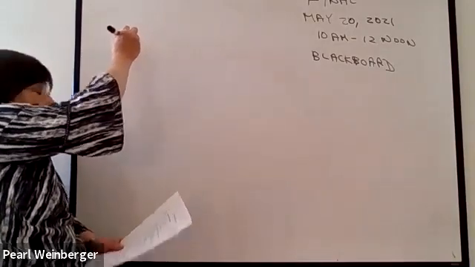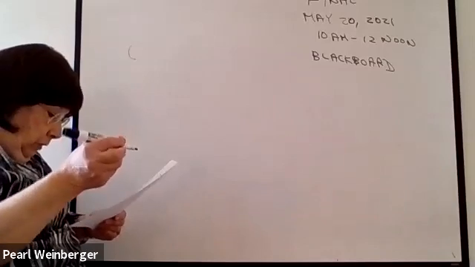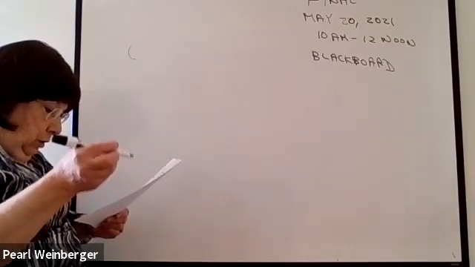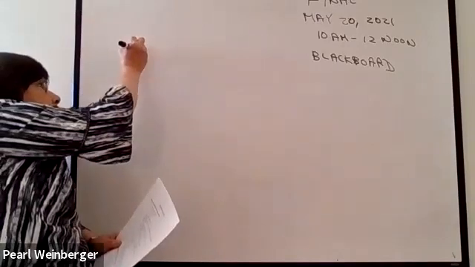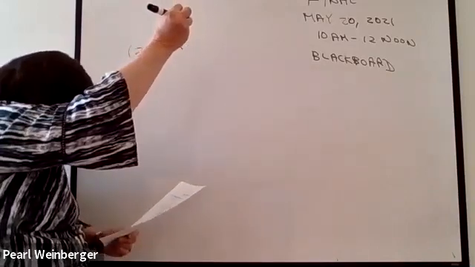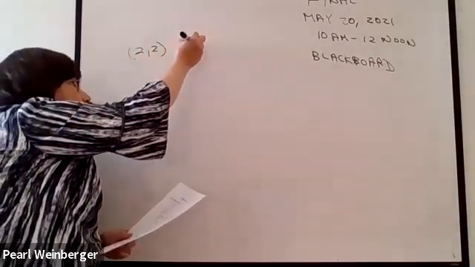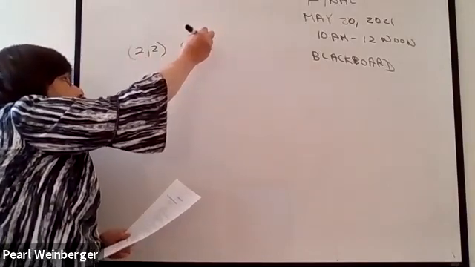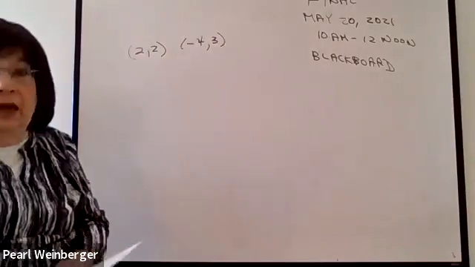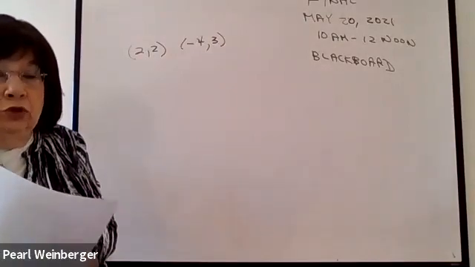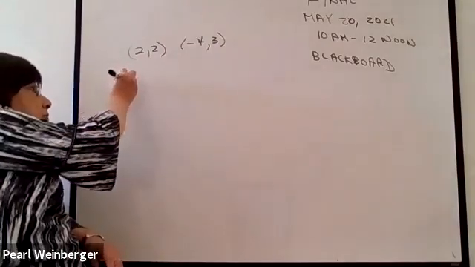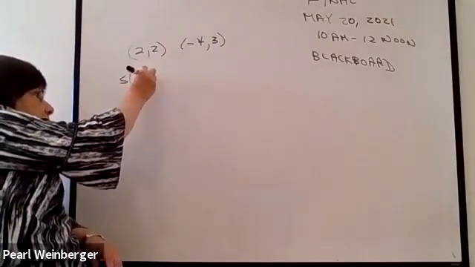Suppose I gave you the points (2, 2) and (-4, 3), and I said I wanted you to find the slope of this line. See if you can find the slope. I'll give you a minute to try that.